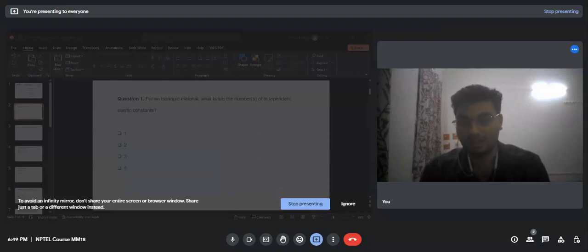If you apply the strain, the length will change at the same time for both materials. So the answer will be strain, since the change in length will be the same for both. So the other options won't be correct, and only option number 2 will be correct.